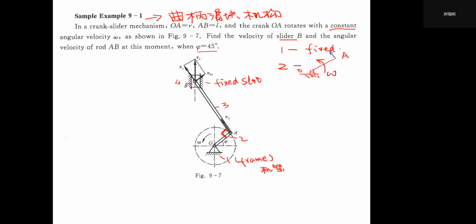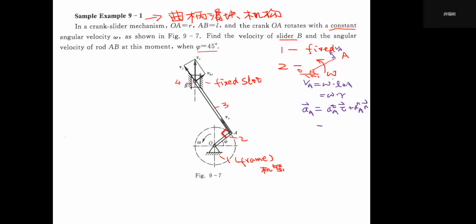And VA will equal omega times LOA, actually omega R. That is what we have learned for a rigid body rotating around fixed point O. And actually, to get the acceleration of point A, we also have a tangential component along the tau direction and AAN along the N direction.